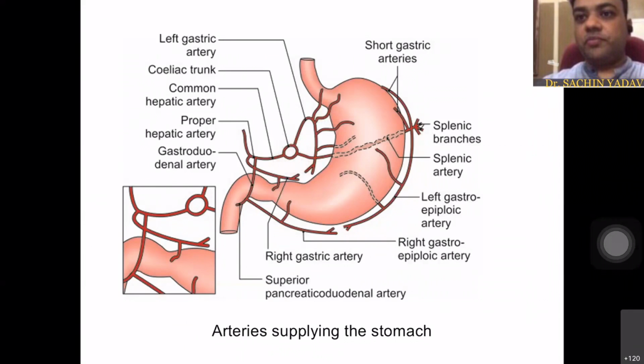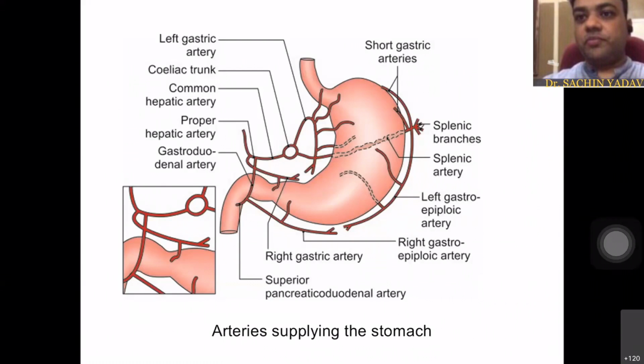The other branches are the superior mesenteric artery and the inferior mesenteric artery. So it is very simple to remember. The main visceral branches of the abdominal aorta, which are unpaired, single ones, are the celiac trunk, superior mesenteric artery, and inferior mesenteric artery.